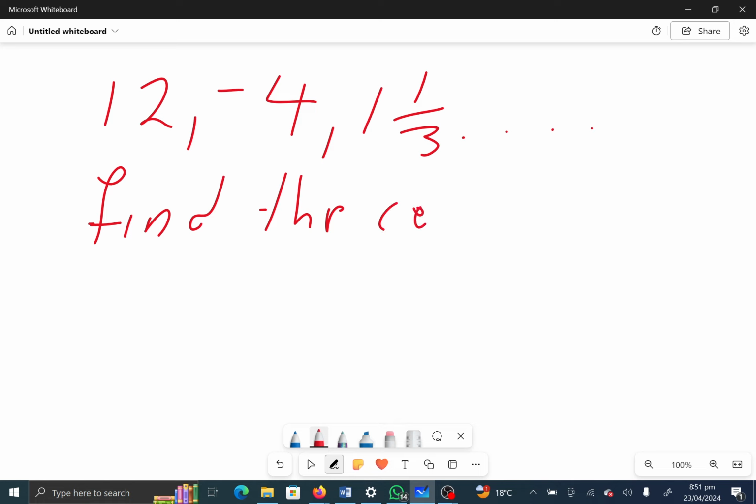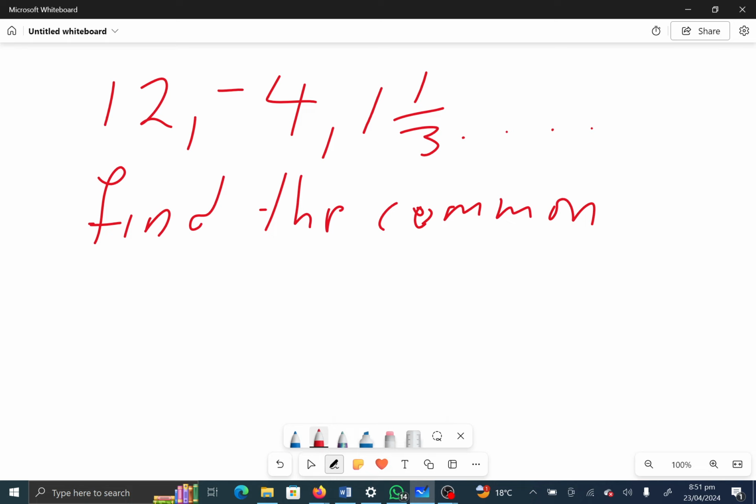To tell whether a progression is arithmetic or geometric, look at the way the numbers move. In a geometric progression, numbers do not move evenly. You see 12, -4, and 1/3, so the progression is following a geometric sequence.